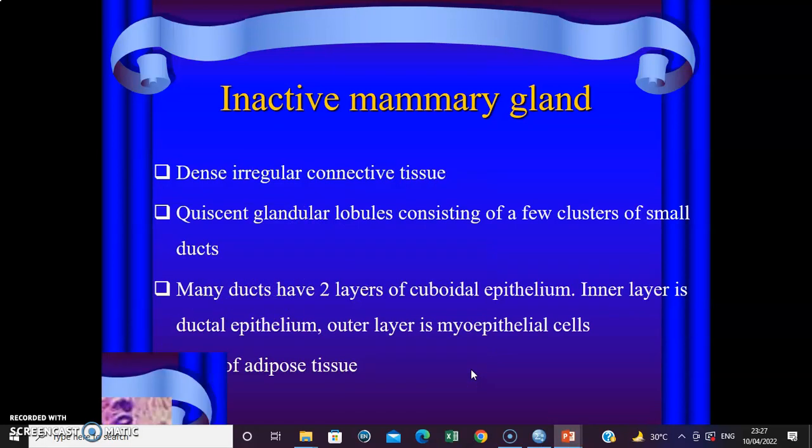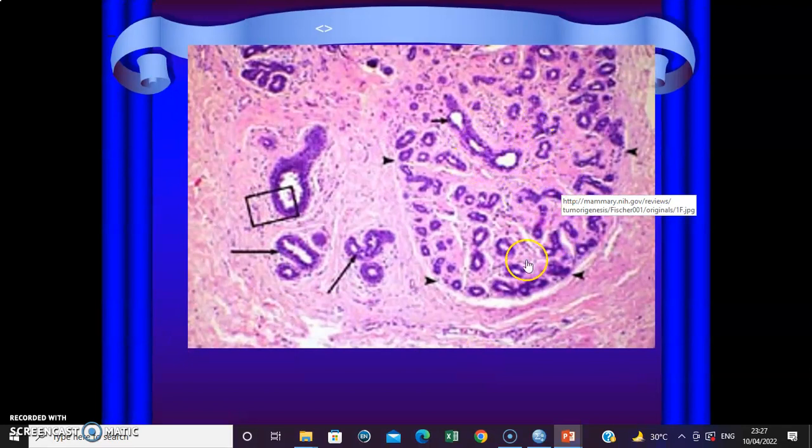Okay, there's no milk. You can see the stroma is more, and these are the nuclei of the quiescent glandular epithelium, but the stroma is large: connective tissue stroma, dense, irregular, haphazardly arranged.